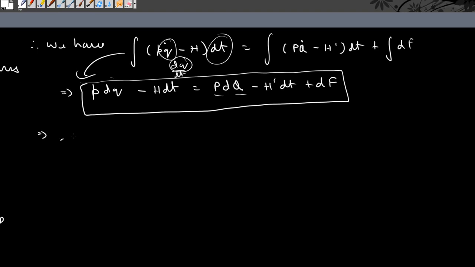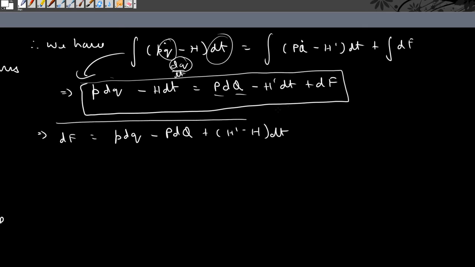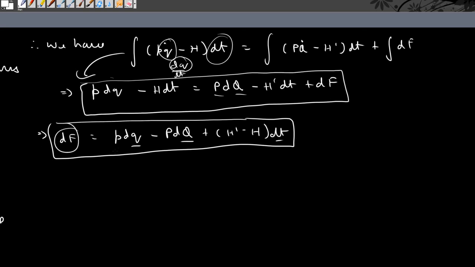Now this implies that our df can be written as p dq minus P dQ plus H dash minus H dt. Now this equation suggests that f must be a function of q, capital Q and t, because this is the total differential, and the form of this equation is saying that we are assuming f as a function of the small q coordinates, big Q coordinates and the time.